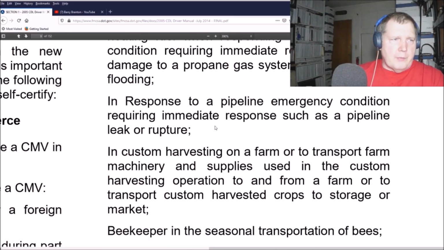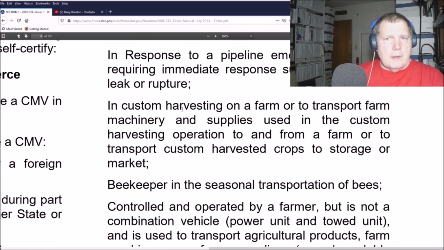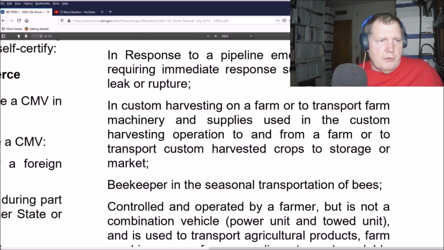In response to a pipeline emergency condition requiring immediate response, such as a pipeline leak or rupture. In custom harvesting on a farm, or to transport farm machinery and supplies used in the custom harvesting operation to and from a farm, or to transport custom harvested crops to storage or market.